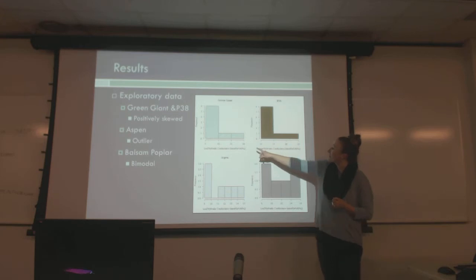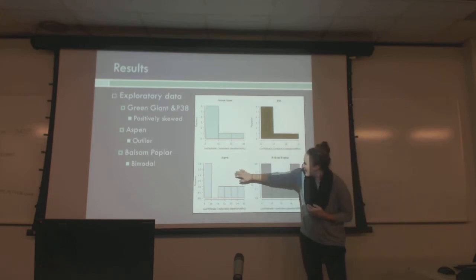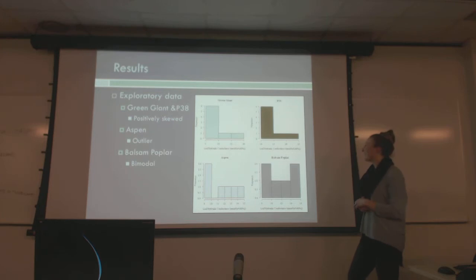There was a lot of positive skew in my hybrid poplar data, a lot of outliers in my aspen, and even a bimodal distribution in balsam poplar. I got everything. I think this is because I had a really low N, an N of 8. Rachel and I always joke about that because Laura says N of 30 is what you want. Anyway, I think I can transform this, which I'll do for my next presentation. Right now, it looks like log might be the best for all of them, but I'll explore that later.